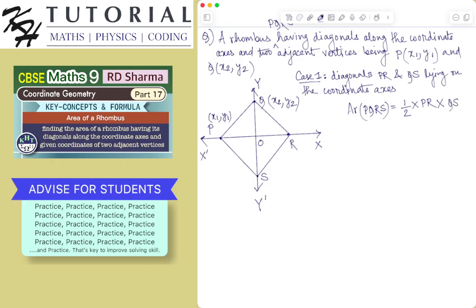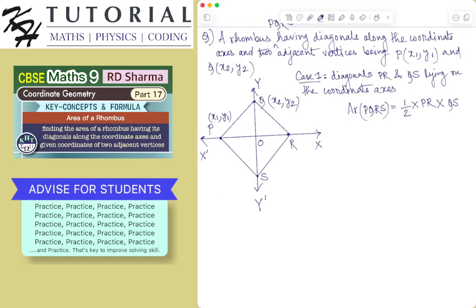So see that from the properties of the rhombus, PR is the diagonal lying on the x-axis, and QS is the diagonal lying on the y-axis. So obviously they bisect each other at right angles at the origin O. So the vertex R has to be the image of the vertex P along the y-axis.